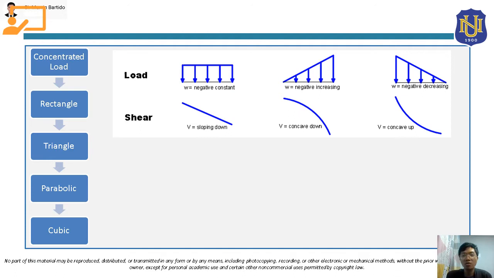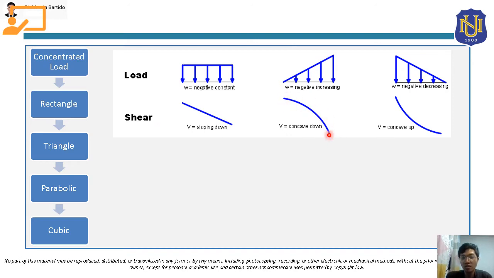And also, class, for negative increasing loads: this is a negative loading, and it is increasing from this point to the right, so it is negative increasing. For this loading, its shear will be concave down.